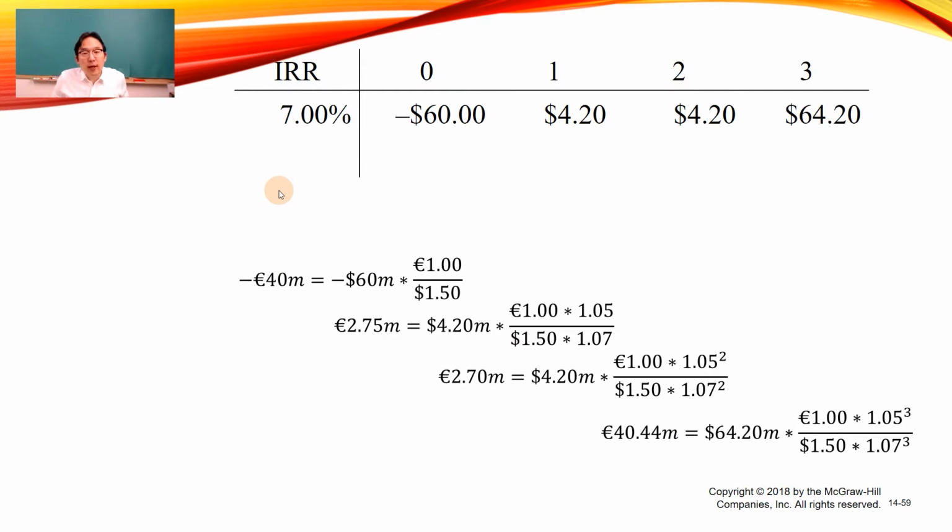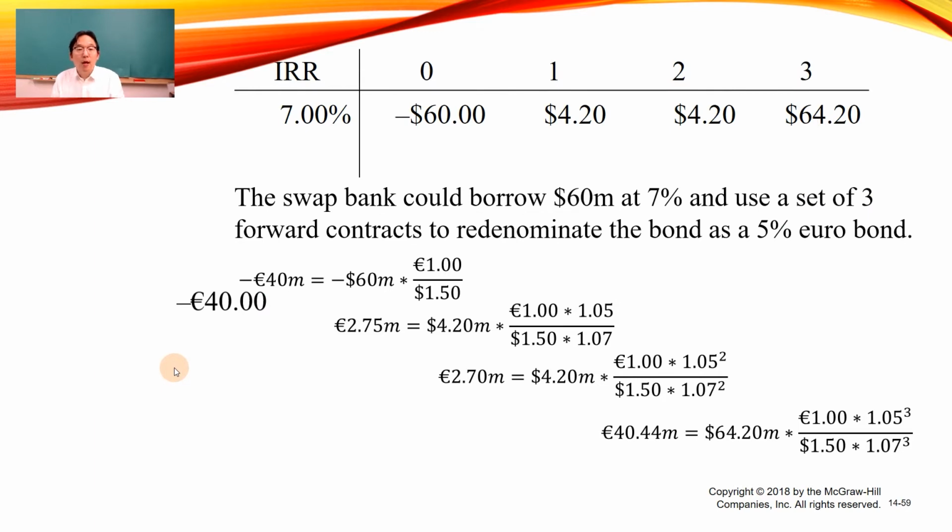So if you look at the cash flow patterns of this swap, the swap bank could borrow $60 million at 7% and use a set of 3 forward contracts to redenominate the bond as a 5% euro bond. The US dollar borrowing at 7% for company A had a cash flow pattern like this: minus 60 million on day 0, because it is a cash inflow, and then in years 1, 2, and 3 you are repaying the interest, 4.2, 4.2, and then 64.2, right?